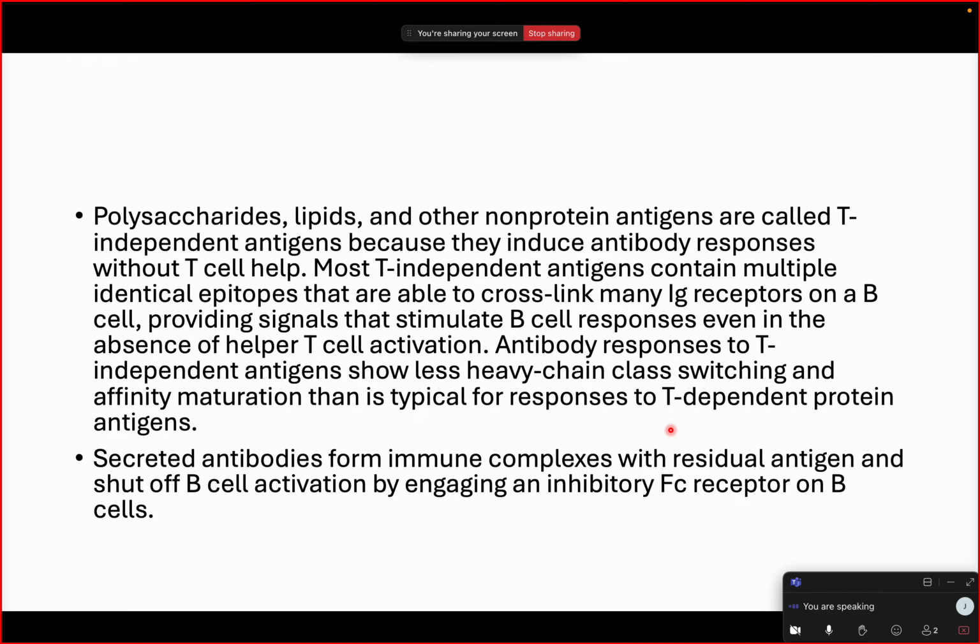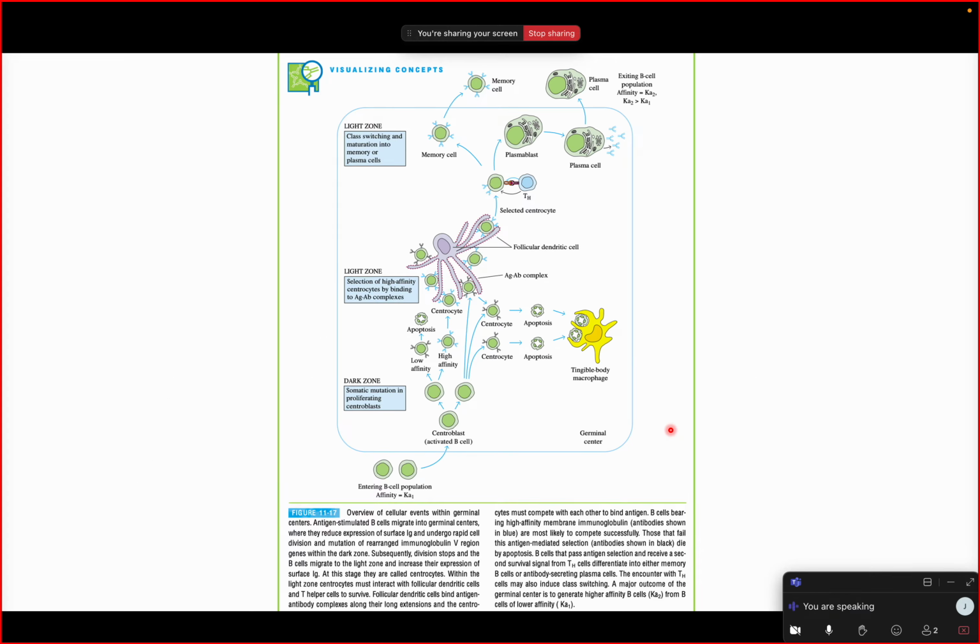Antibody responses to T-independent antigens show less heavy chain class switching and affinity maturation than is typical for responses to T-dependent protein antigens. Secreted antibodies form immune complexes with residual antigen and shut off B cell activation by engaging the inhibitory Fc receptor on B cells.